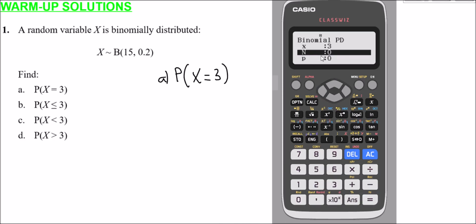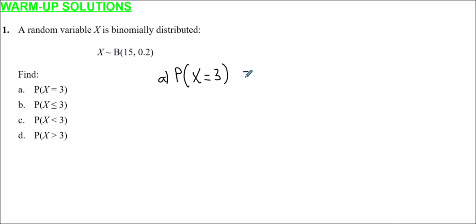Next we have n, which is the total number of trials, which is 15, so we press n as being 15. Finally, the probability of success P is 0.2. So we press 0.2, press equals and equals again. And as you can see, we get 0.250 to 3 significant figures. So about a quarter chance, 1 in 4 chance of it being 3. So 0.250.